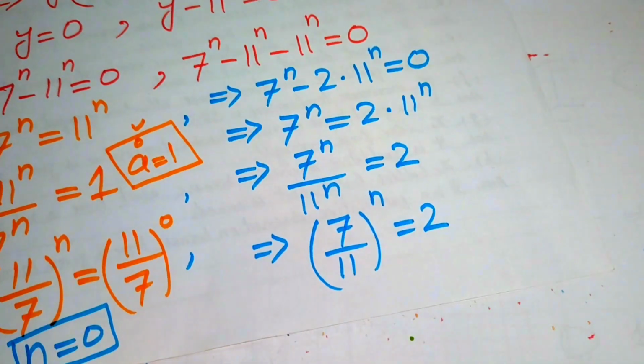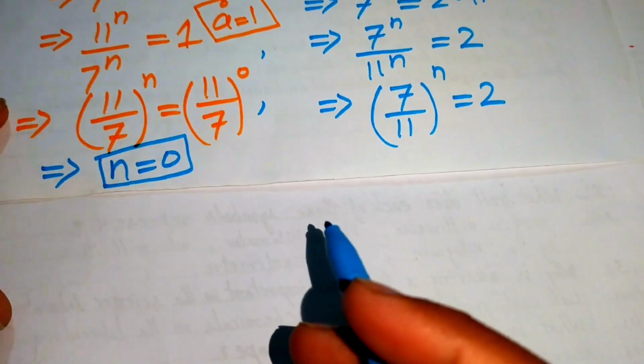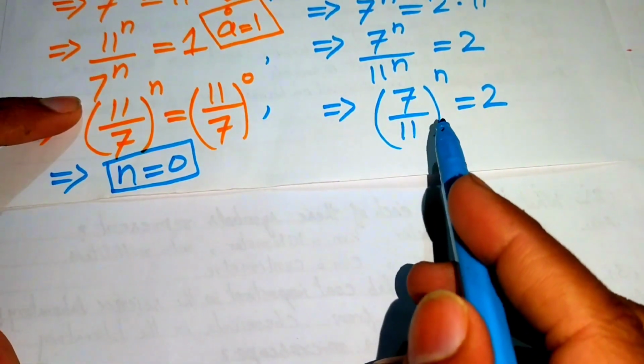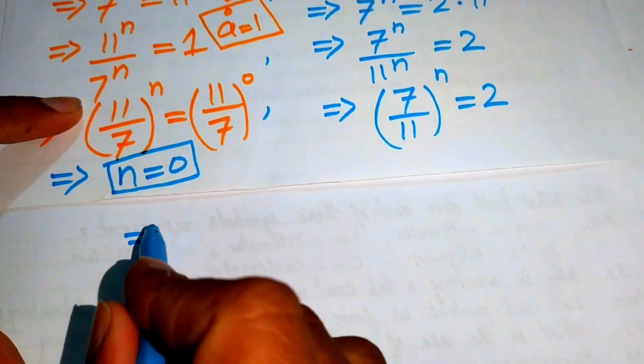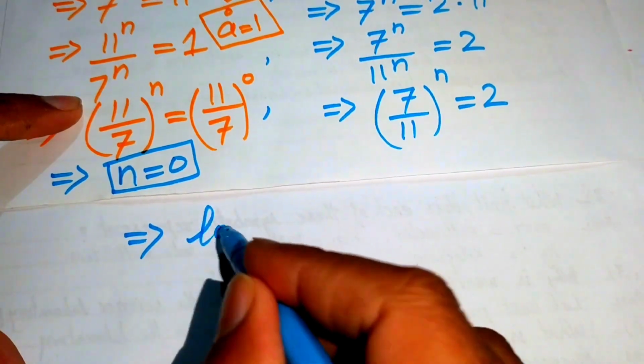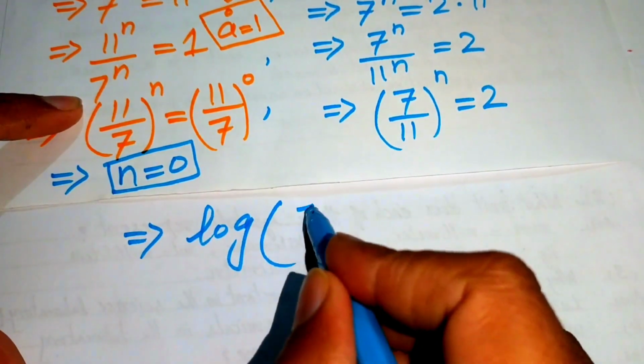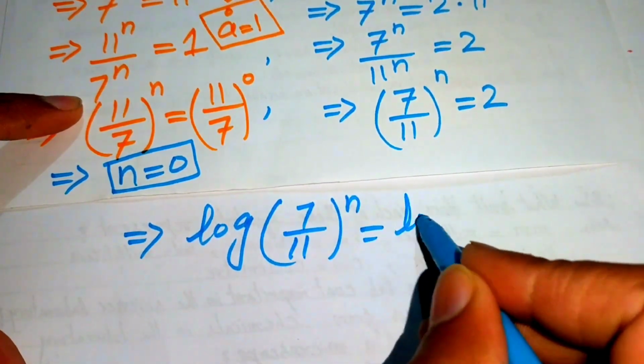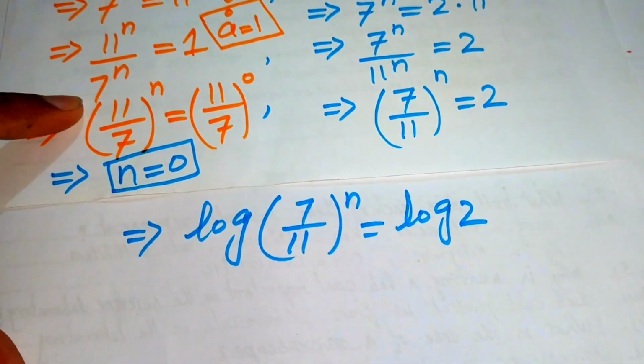And now in order to find the value of n, we need to take the log on both sides of this equation, so we write it as log of 7 over 11 and its whole power n equals log of 2.